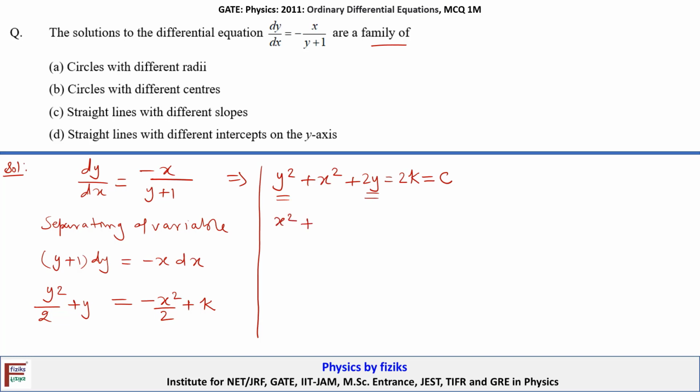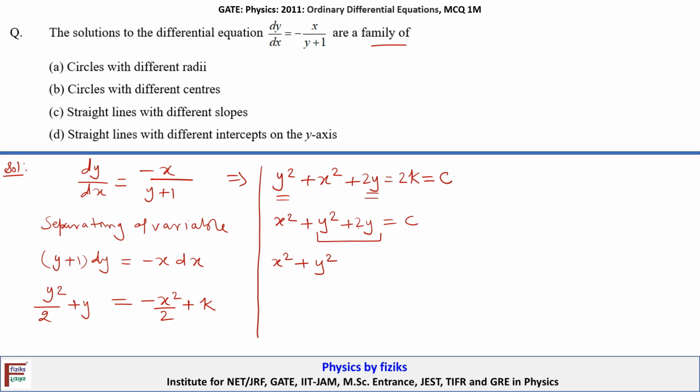Now we rewrite x square plus y square plus 2y equal to c. To make the complete square of y, we add the square of half the coefficient of y on both sides of the given equation.